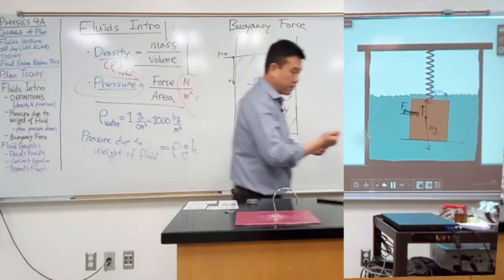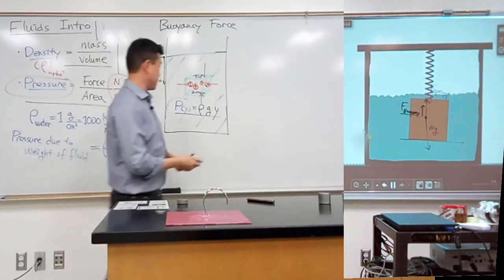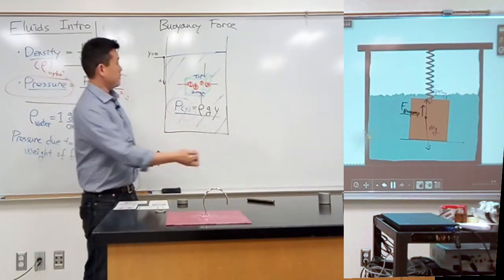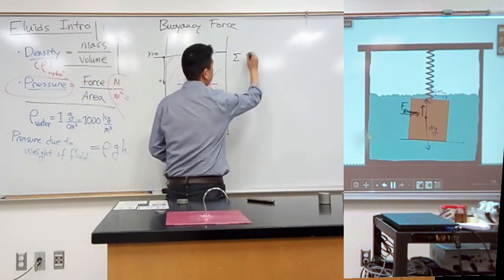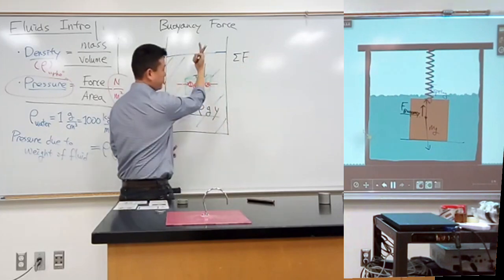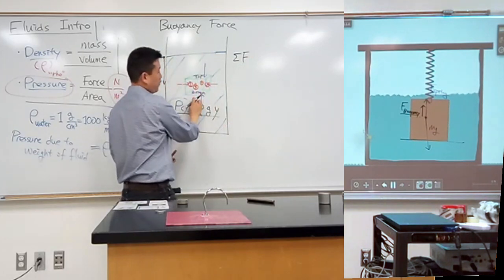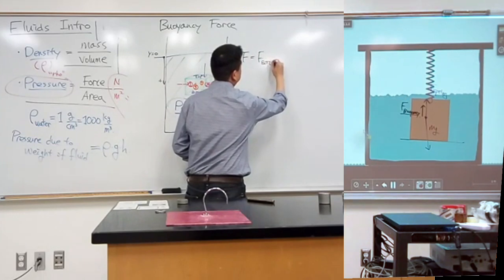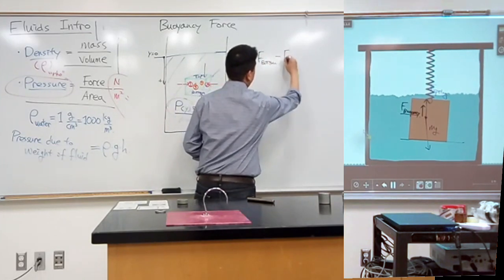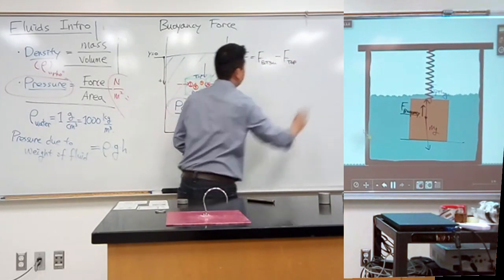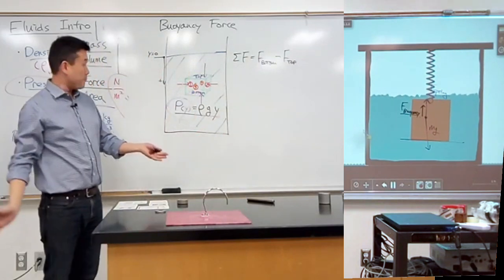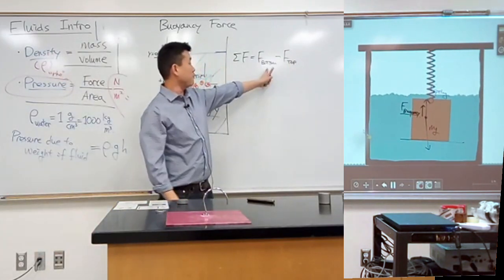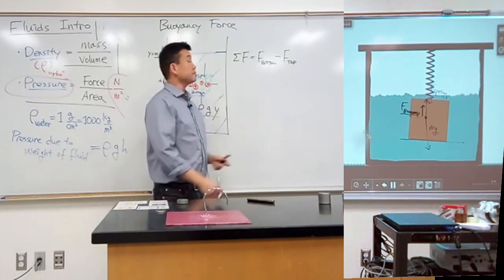So let me start by trying to write down the net force, which is what we are going to call buoyancy force. So the net force, I want that force to be upward. So it'll be the force from bottom minus force from top. And if everything works out the way I was hoping, then this will cancel out in a way that the bottom will be slightly greater.